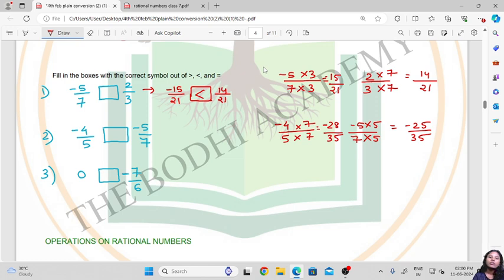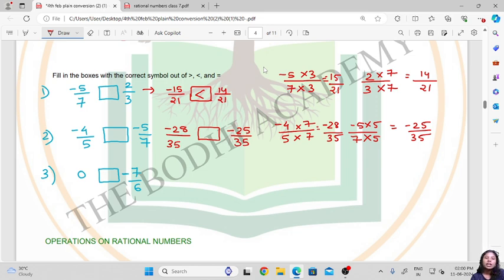So here we remember that the numbers which come on the right side of the number line, the numbers which appear to be lesser, will be the greater ones. Or else another thing is when we have two negative numbers and we have to give them a symbol of greater or lesser, the simple thing we could do is just in the first step ignore the negative sign and look for which is the greater one.